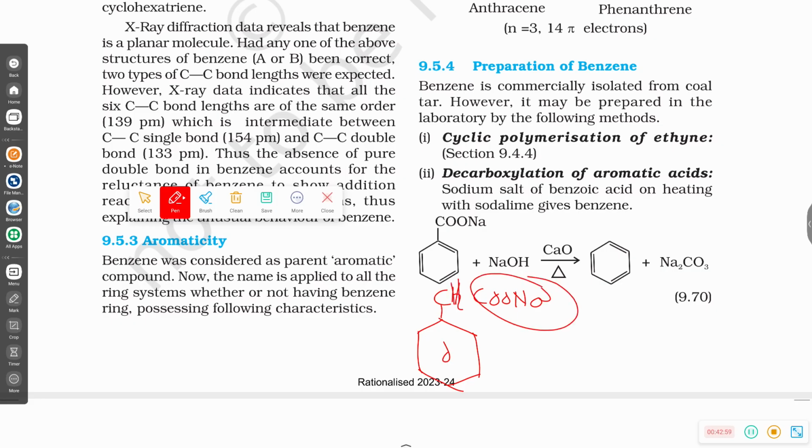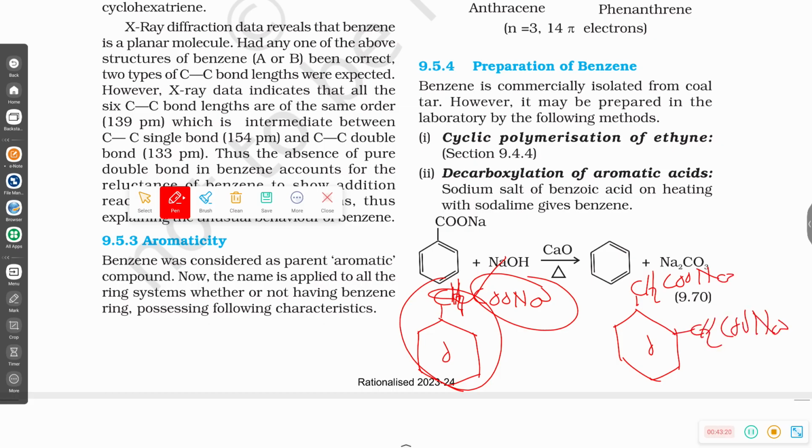Everything is gone, hydrogen attached, toluene. Similarly, xylene has to be obtained. Just for understanding, I am telling.